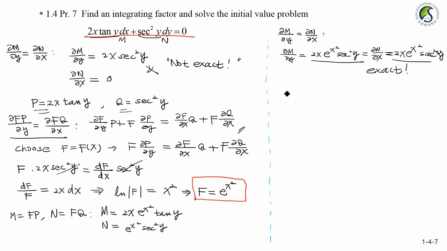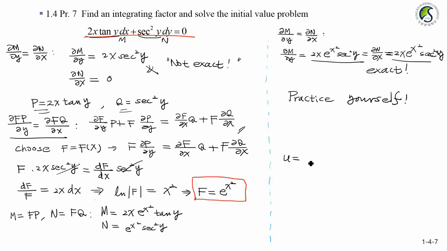We are not done yet. We have to get the function u, and it'll be the implicit solution for y. So we have to get y in the end. But I'm not going to do that here. Practice yourself. I'm just writing the answer.